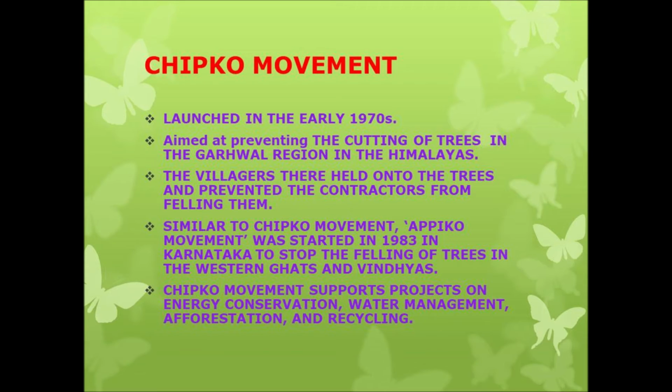Is it clear, children? Similar to the Chipko movement, the Appiko movement was started in 1983 in Karnataka to stop the felling of trees in the Western Ghats and Vindhyas.